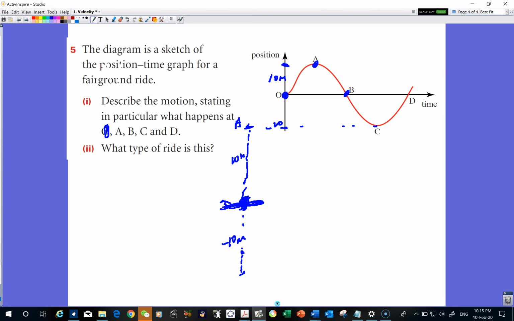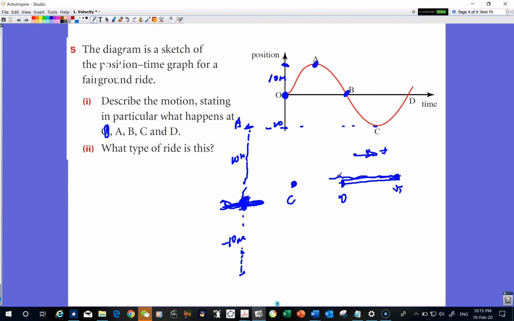So if this is vertical motion, this is what it is. It moves up, comes back down, comes down, comes back up. If it's horizontal motion, it starts at the point O, moves to A, passes through O again, moves to C. So this will be positive direction.